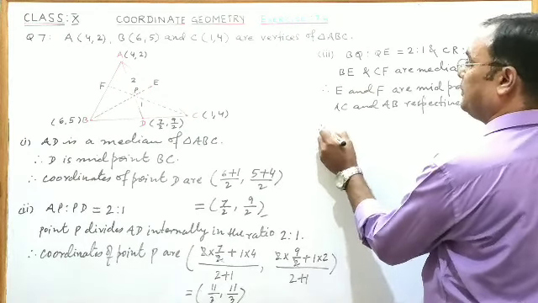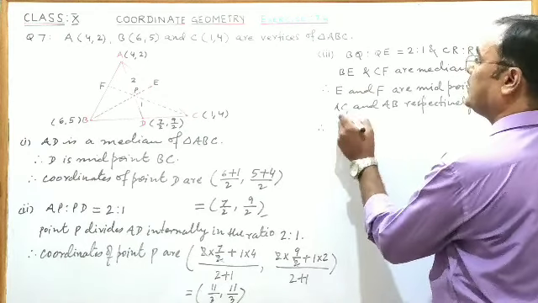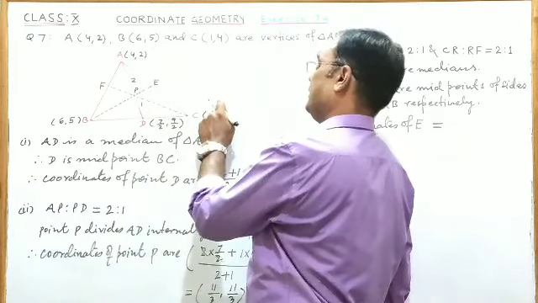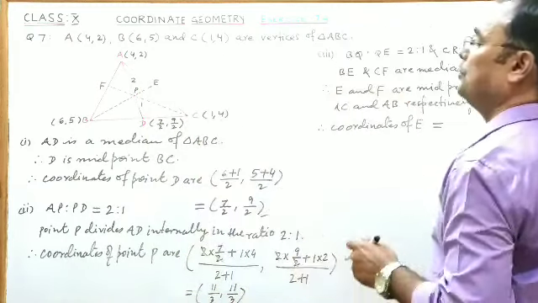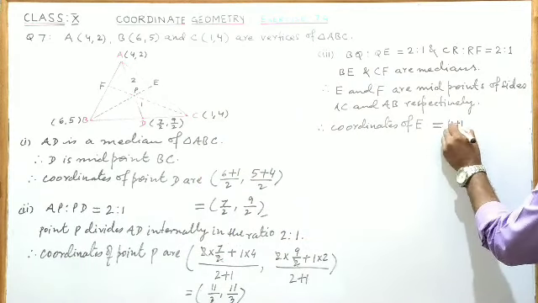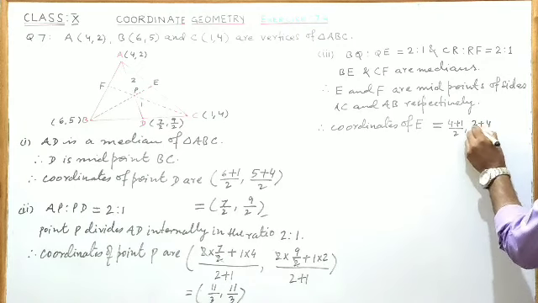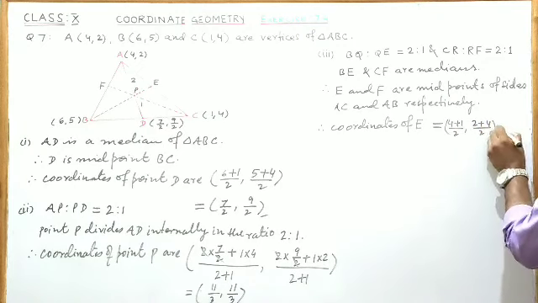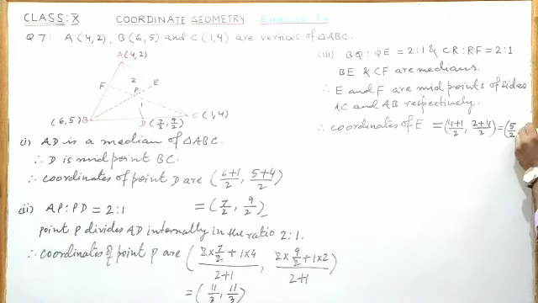So coordinates of point E are (4 plus 1) by 2 and (2 plus 4) by 2, and this is equal to 5 by 2, 3.